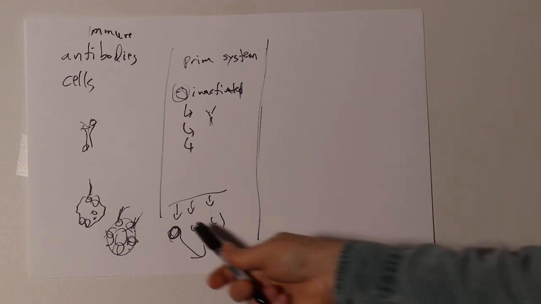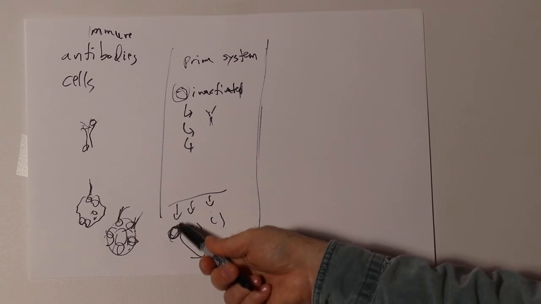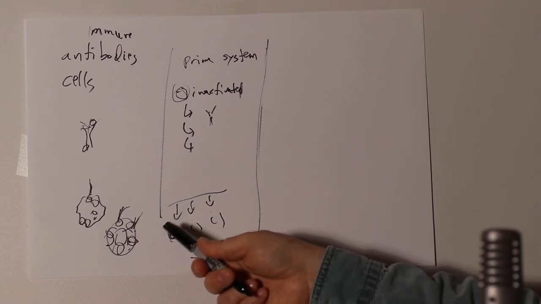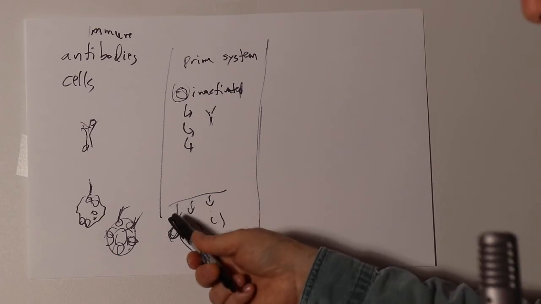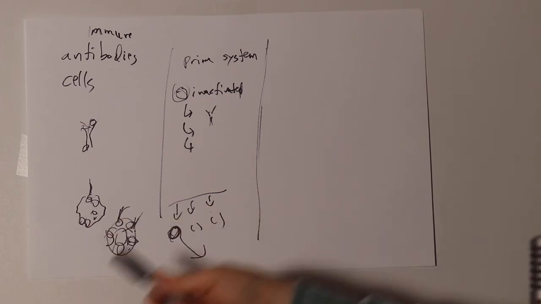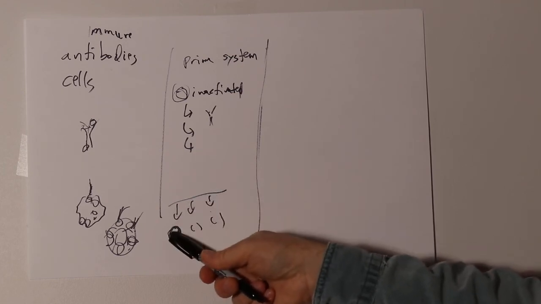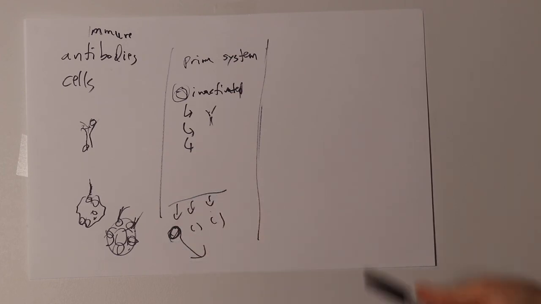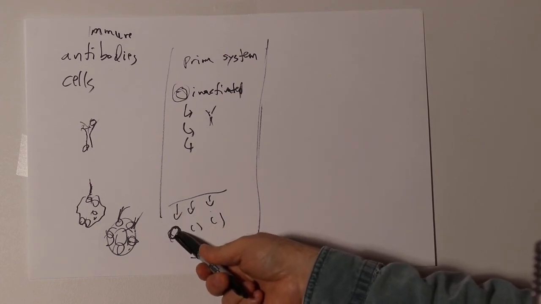In theory, this should be safe, because it's not a whole virus, so there's no risk of you getting an infection from this. There are general risks involved with purifying any large amount of any protein in the lab and injecting it into people. You could have contaminants, or the protein could be toxic for other reasons. So that's an issue, but it's not specific to this virus. It's an issue for all vaccines.